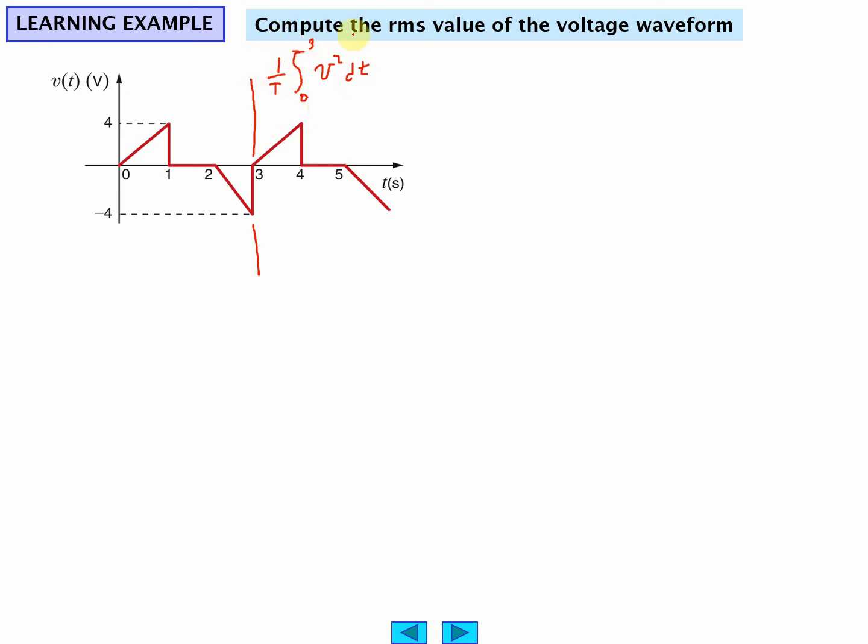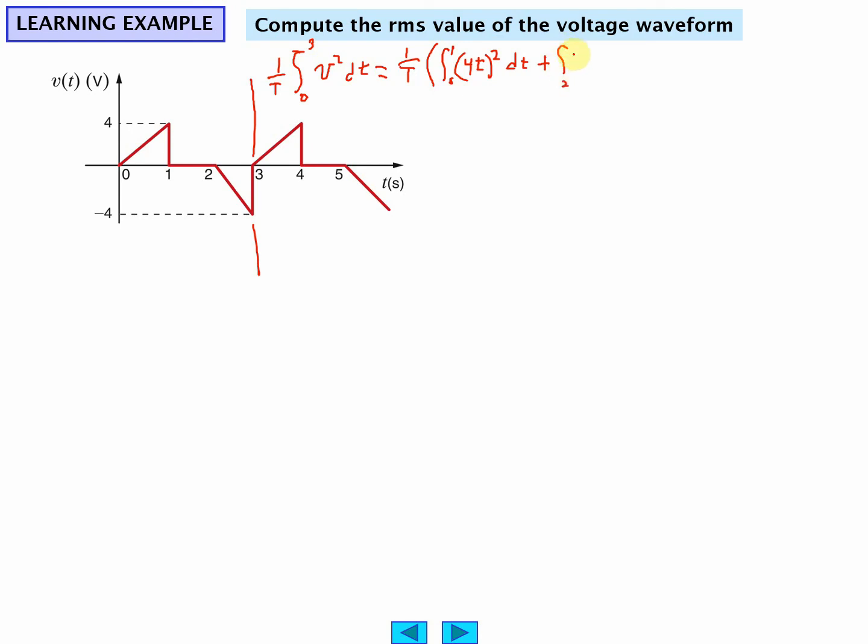So this is the square of the root mean squared value: 1 over T, capital T, times the integral from 0 to 1 of v squared, where v is just going to be 4t, so (4t) squared dt, and v is 0 from 1 to 2, plus the integral from 2 to 3.